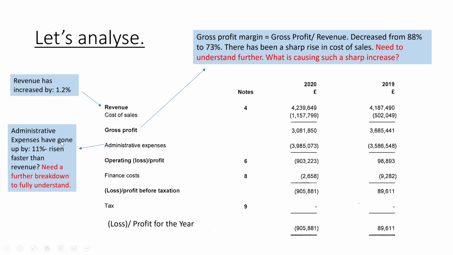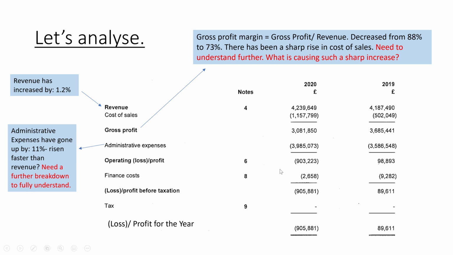Now for this company, we're seeing a massive increase of 11%, and the increase is faster than revenue. So for both of these costs, you can't really tell much. We have to get further breakdowns for both years and do a full comparison to understand what's going on. Generally, the financial statements don't give you the full picture.